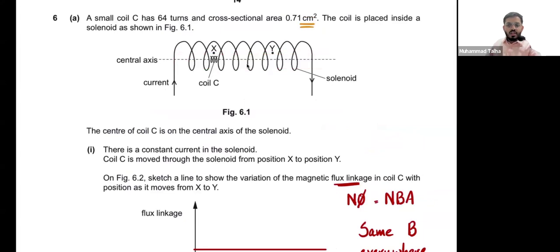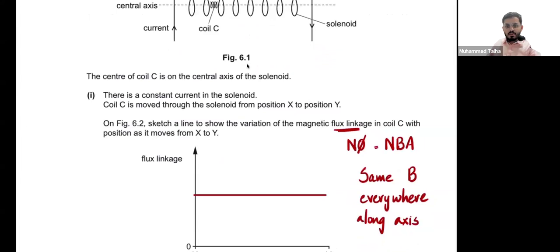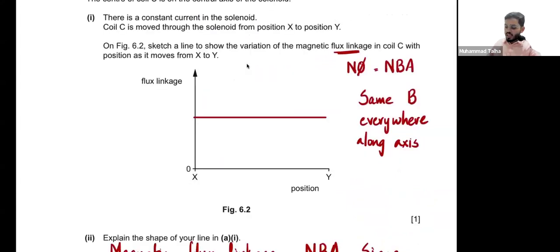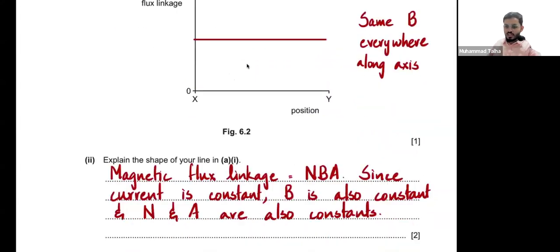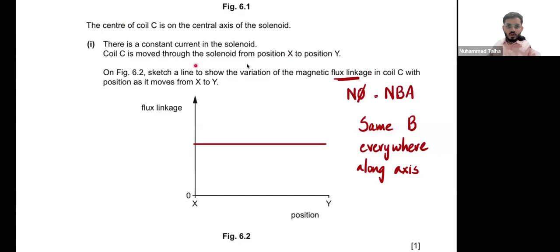So the magnetic field strength, or what you call in A2 magnetic flux density, is the same. And obviously A is also not changing. So you have a constant value for the flux linkage. The reasoning for this is asked in the next part. So magnetic flux linkage is NBA. N and A are constants. And since we were given that the current is constant, B is also the same.